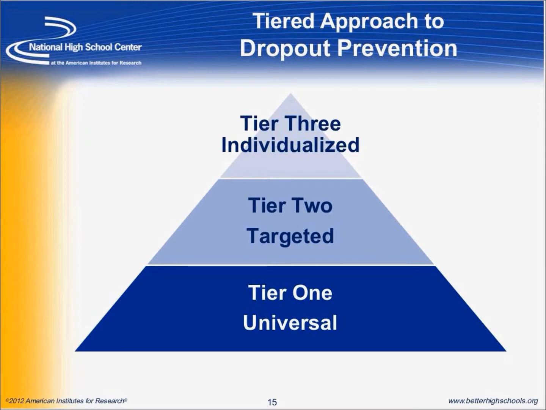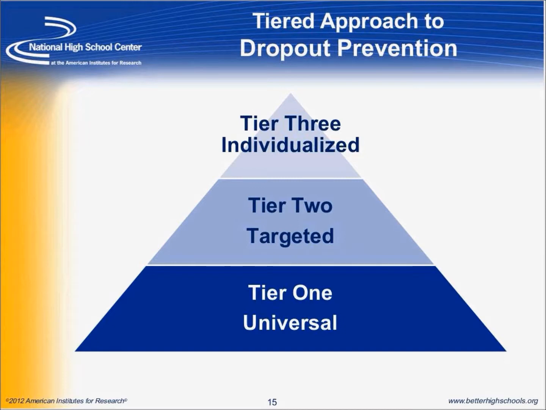For example, an advisory program where all students are engaged, but they're grouped into small numbers of students and assigned to an adult in the school who in turn provides mentoring support to the students as they move through school, could be a Tier 1 universal strategy. Areas that are addressed at the universal level are institutional factors such as school climate, rigorous courses, teacher effectiveness, or even extended learning time for the whole school.